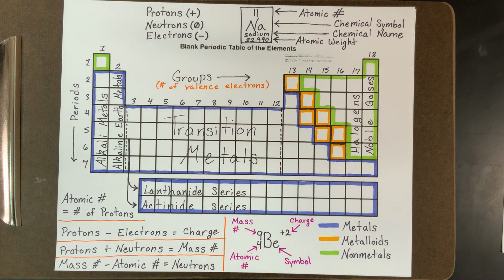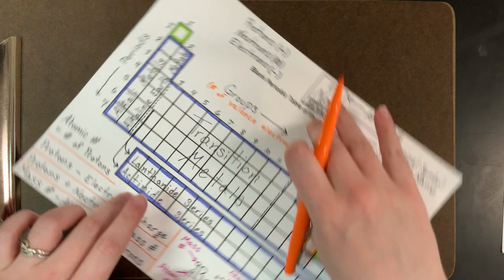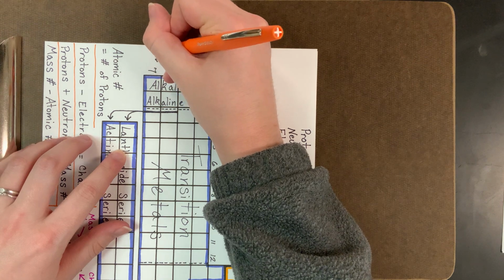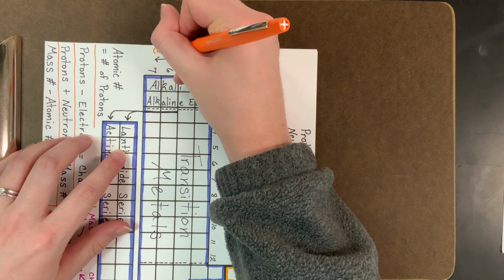My number of valence electrons is determined by the electrons in the outermost shell. When I'm talking about shells, I'm talking about the energy levels. So we know that an atom has the nucleus in the center, and then it has a bunch of rings around it. The number of rings, or the number of energy levels, is determined by my period.